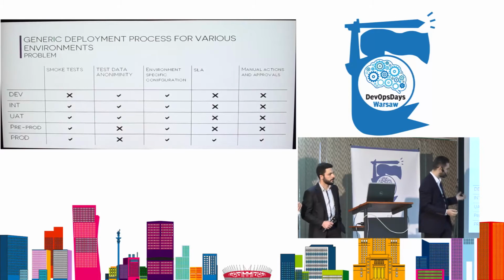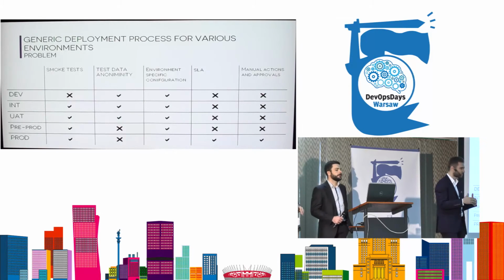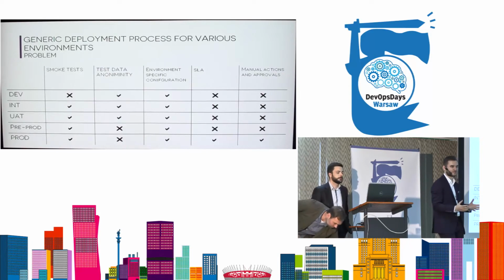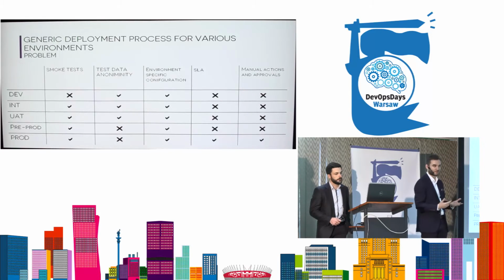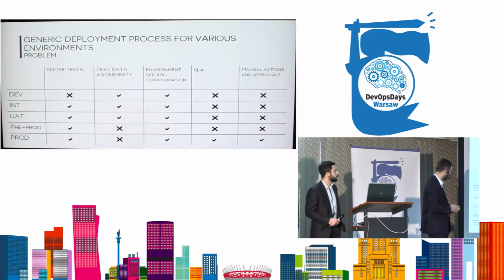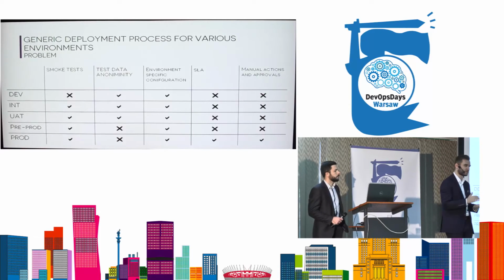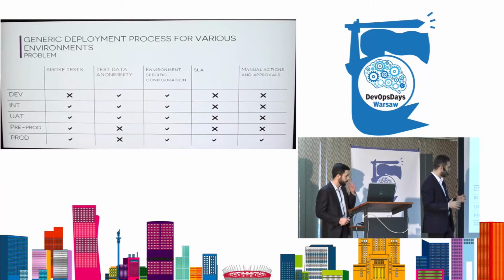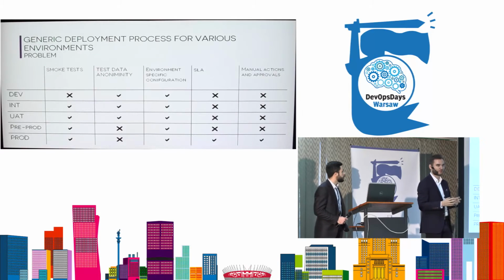Then we have environment-specific configuration. Those are just 5 types of environments. There are many instances of them, and every environment has its own configuration that we need to take care of in the process. And finally, there are 2 last elements that are pretty common for production deployment. There is SLA, because we want to make sure that the downtime of the production environment is as low as possible. So we want to check how well the deployment process is going.